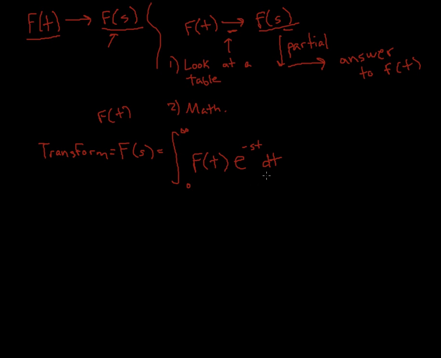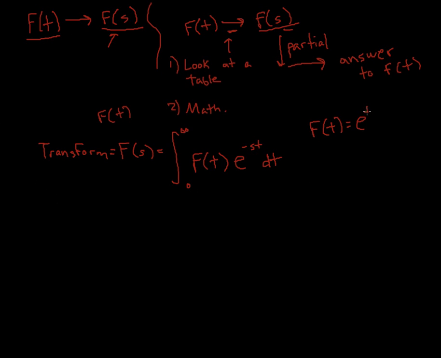So that's really it. Let's just use the example of f of t equaling e to the t. By the logic, we should get a fraction once we're done with this integral, and then we will have our transform. Let us plug this into the formula.